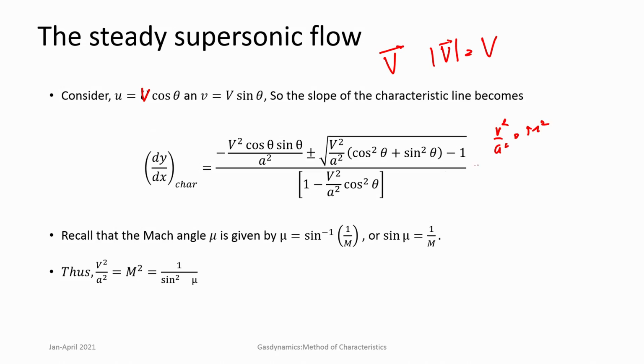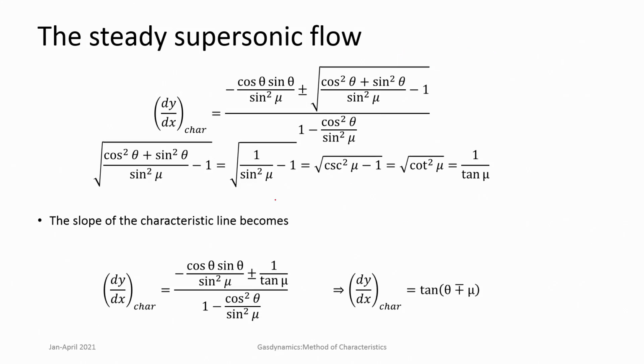Okay. And also we know that 1 by M square is nothing but sin square nu, where nu is the Mach angle. So, we can use those definitions of Mach angle together with these equations, and if you combine all of them together and do some algebraic manipulation, you get that the characteristic equations are defined by tan of theta minus or plus nu.